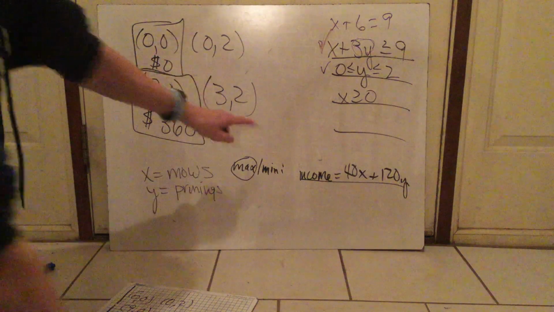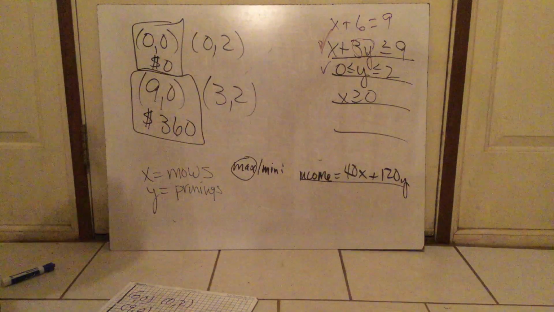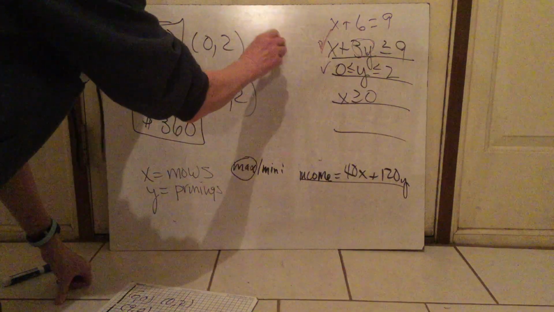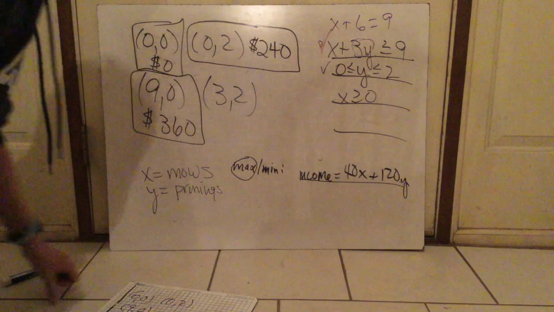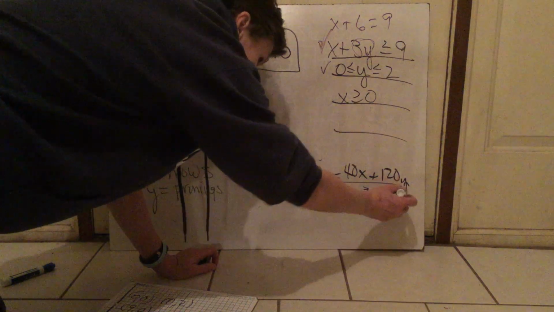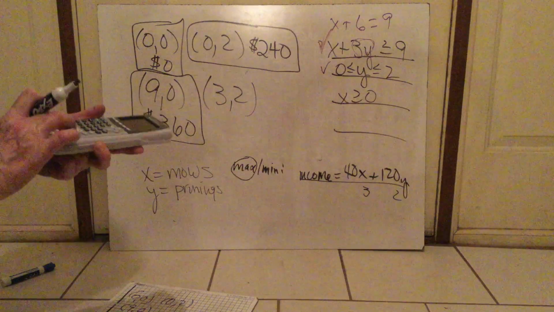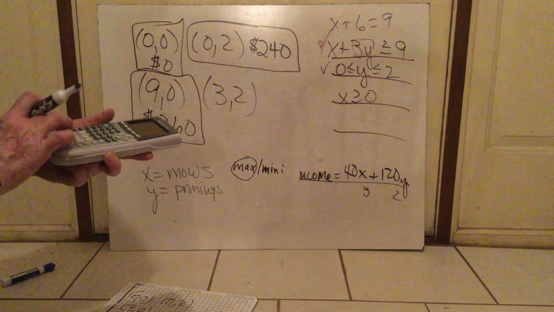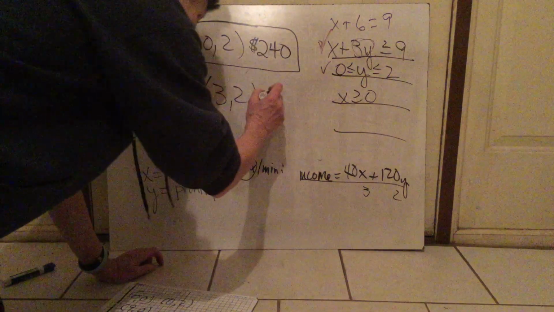What if we did no mowing, but we did 2 pruning? Well, then we'd make $240. Well, what if we did 3 mows and 2 prunes? Well, 40 times 3 and 2 times 120, you'd make $360.